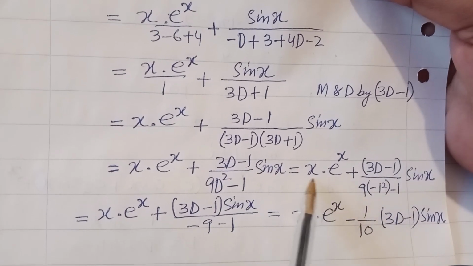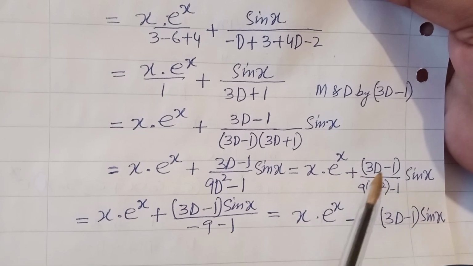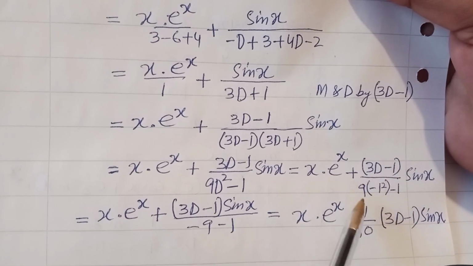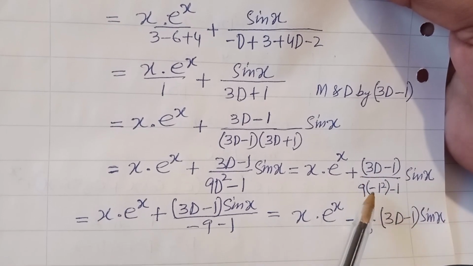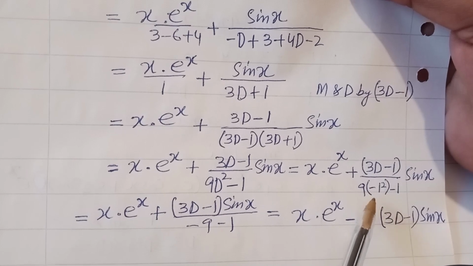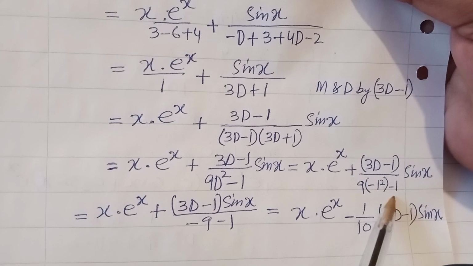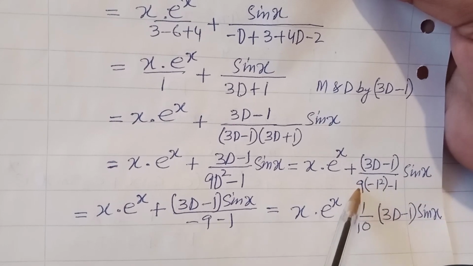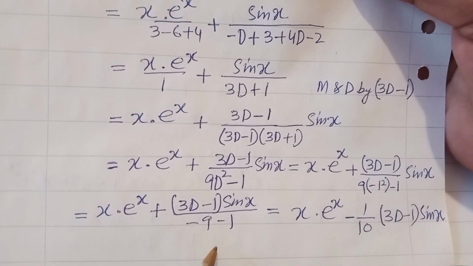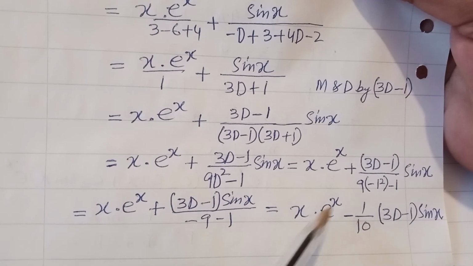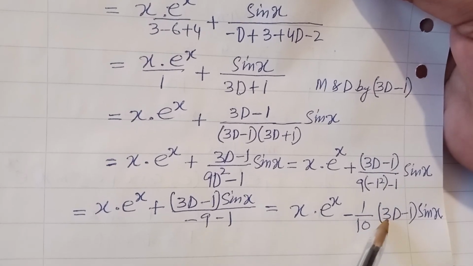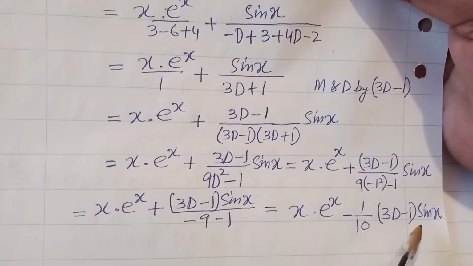So x into exponential x plus (3d minus 1) sin x upon 9d square minus 1. According to the formula, for d square we will substitute minus 1 square, so that will be minus 9 minus 1, that is minus 10. So x exponential x minus 1 upon 10 into (3d minus 1) into sin x.